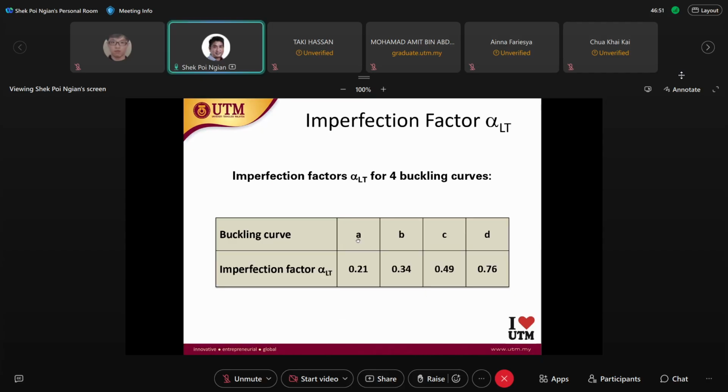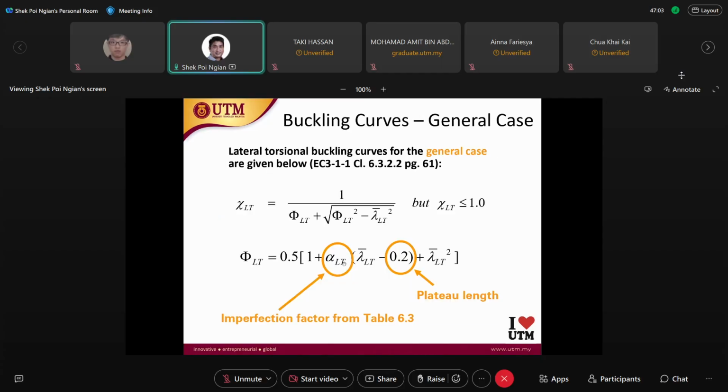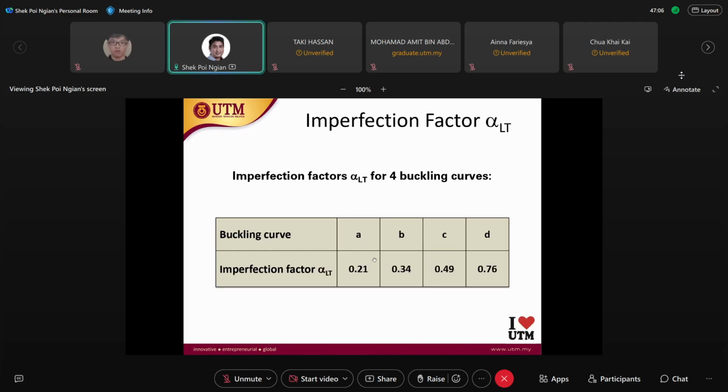Each buckling curve comes with an imperfection factor. So the alpha LT that we want to use here is from the buckling curve. We have 4 curves, then 4 alpha values from 0.21 up to 0.76.